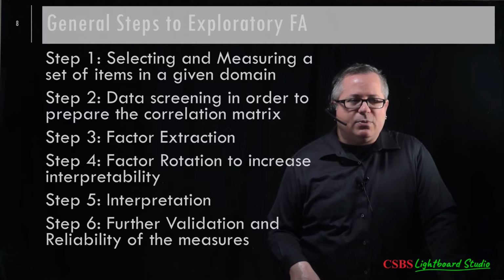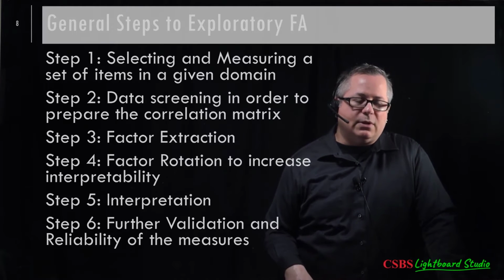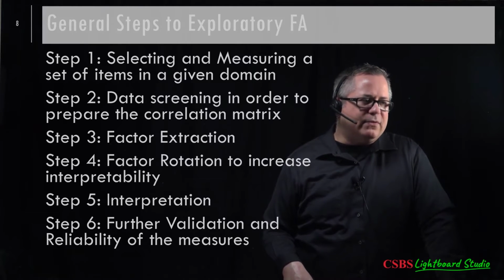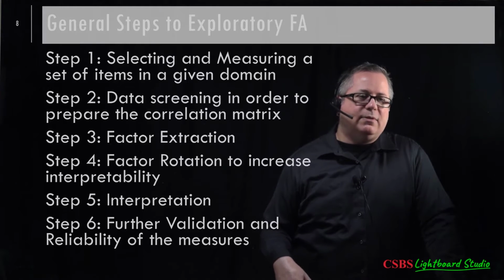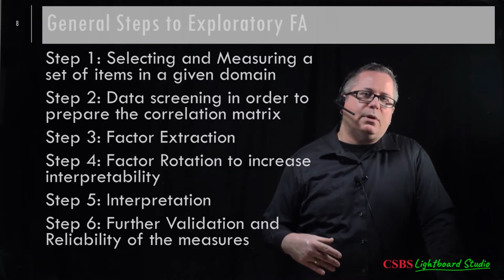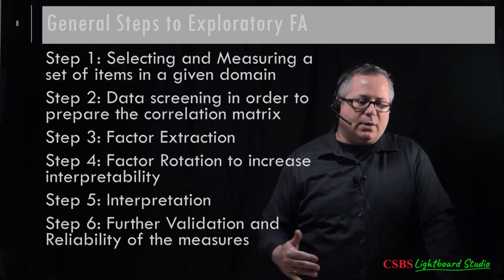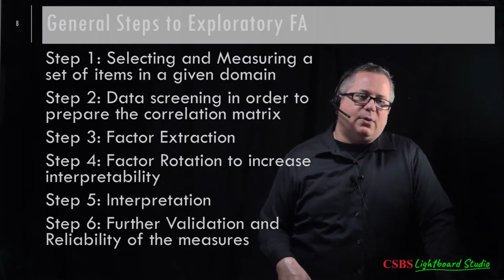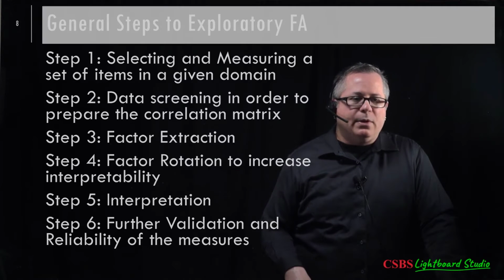Factor rotation really comes down to trying to manipulate the factors in a way so that it's easier to interpret what they're doing. And that sounds like cheating in a way, but it's doing a mathematical rotation to ease the interpretability of the factors, and to try to find something that we'll talk about later called simple structure.